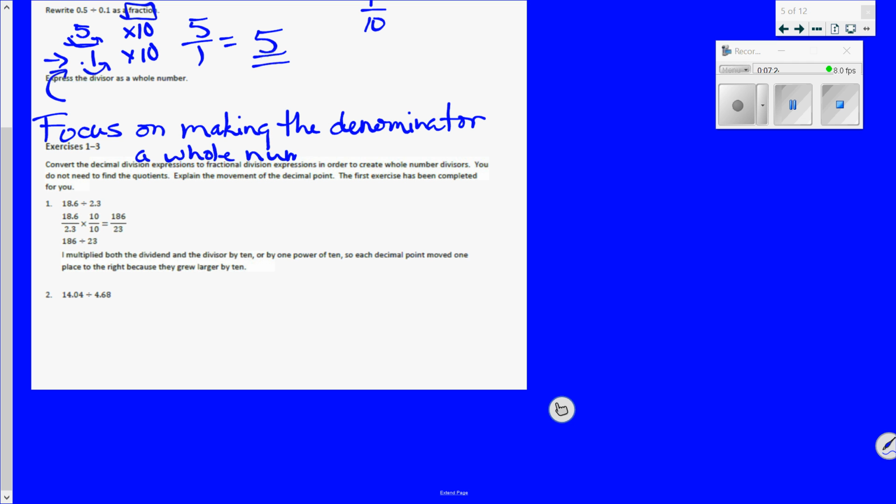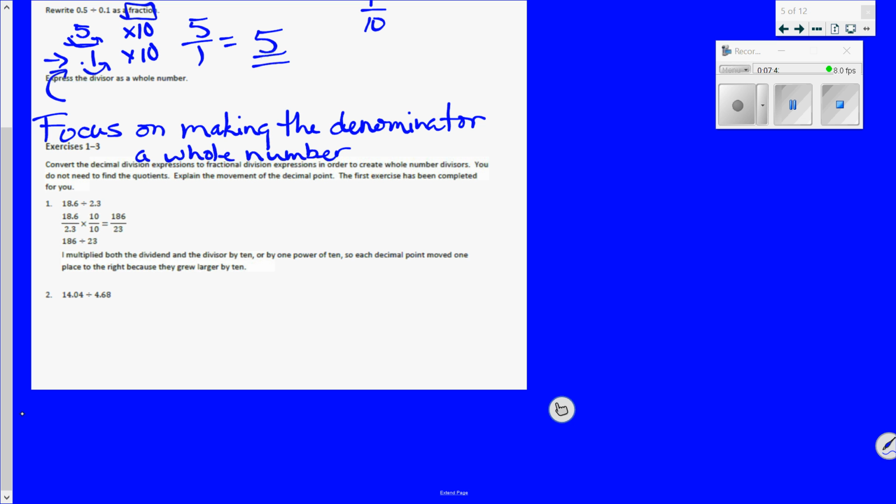That is our whole focus for today. If we can make the denominator a whole number, then we can do the math. So on these next exercises, these are really simple. All we're doing is practicing changing the decimals to fractions to make them whole numbers.